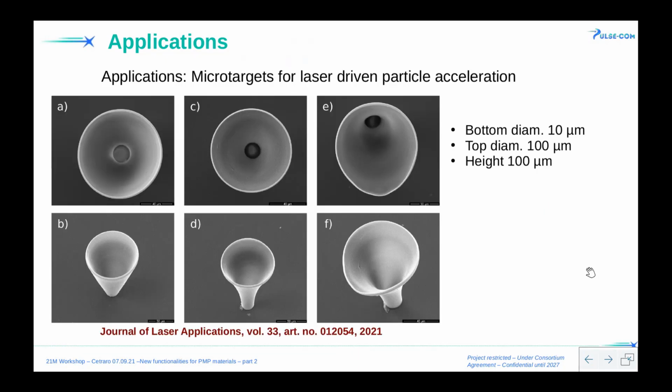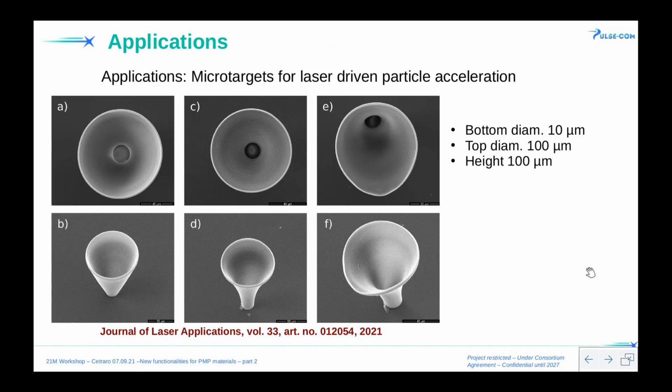We can use it to make microstructures that force stronger laser beam focusing. These are cone-shaped microstructures intended for laser-driven particle acceleration. The femtosecond laser comes around the top area of the structure, and it's going to be reflected off the walls because we're going to have ablation.